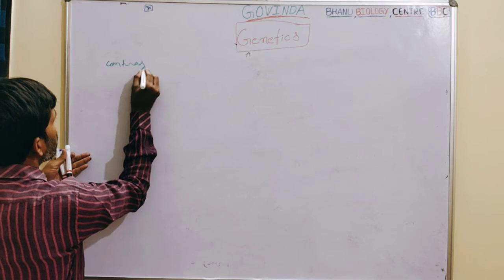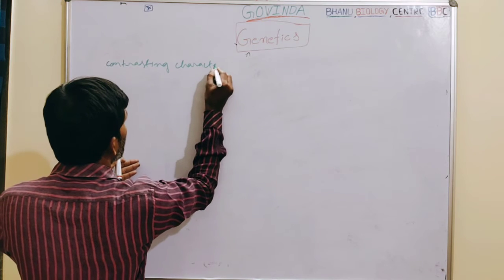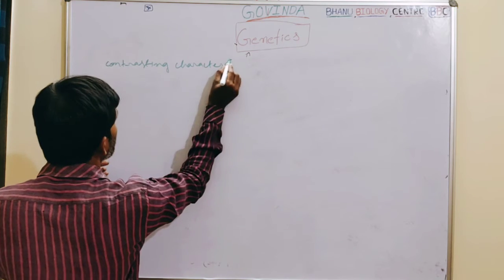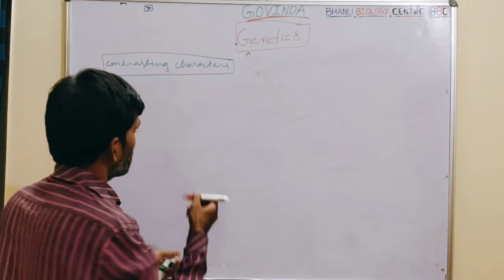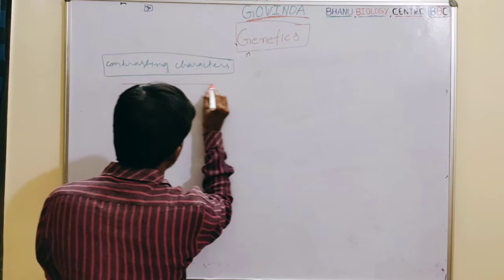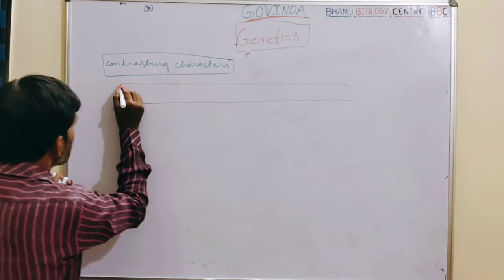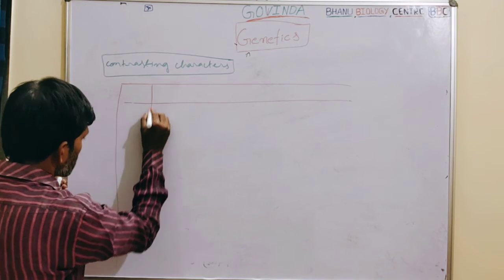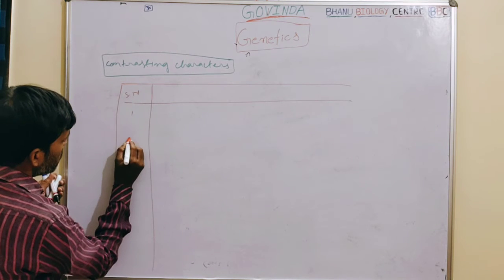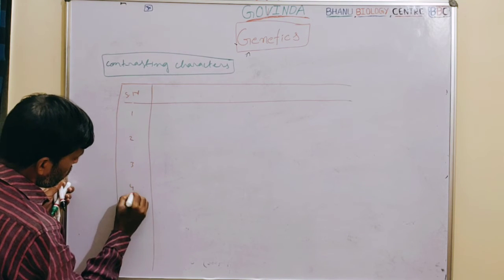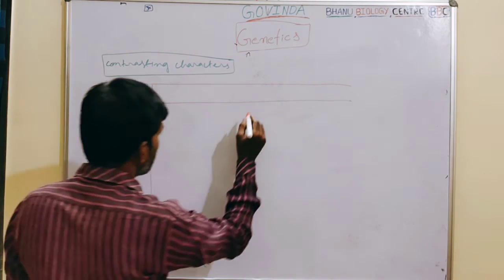Heading is contrasting characters selected by Mendel for his experiment. This is the table I am drawing. In the first column we take serial numbers 1, 2, 3, 4, 5, 6, then 7.